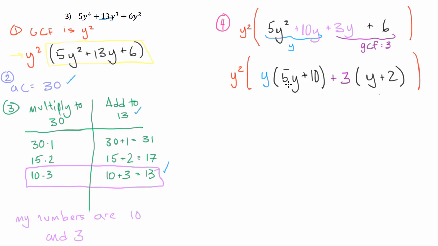And what happened is this is not fully factored. So I can still take a 5 out of there. So I end up with that y squared still hanging out outside. Now I can take a 5 out of there. So what's outside here is 5y, and what's left in here is y plus 2, and that is just exactly what I need. So that looks really nice. Plus 3 times y plus 2.